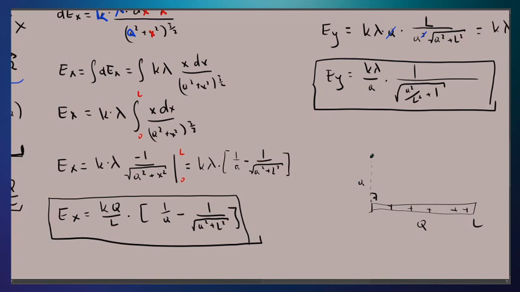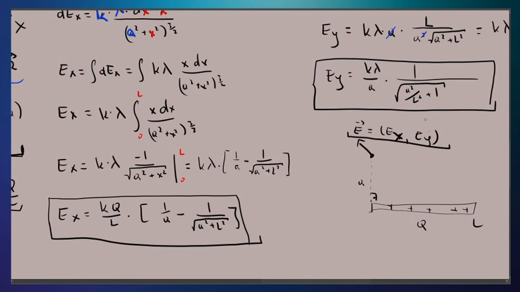If it's a positive charge distribution here, then it would point somewhere in this direction. That would be E, and its components would be EX comma EY. So anyways, there's plenty here for you to look through.